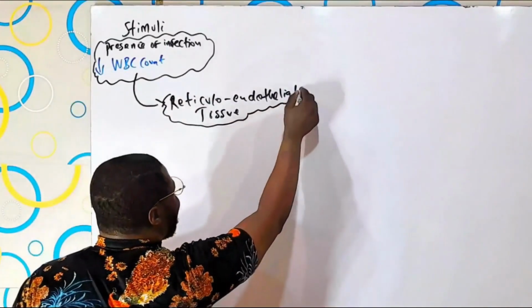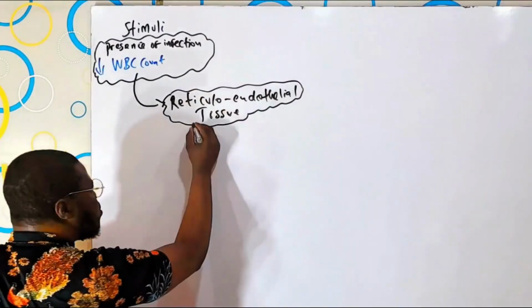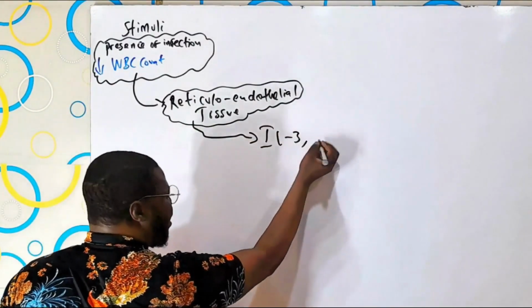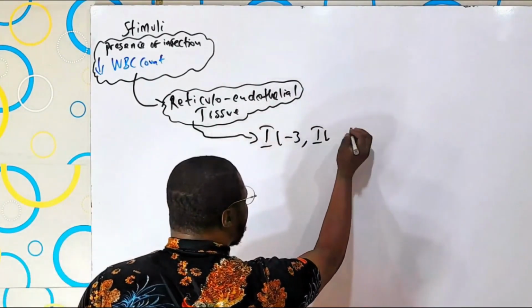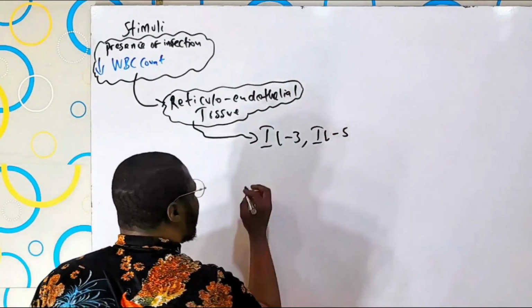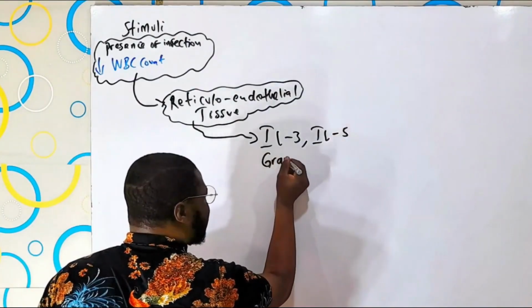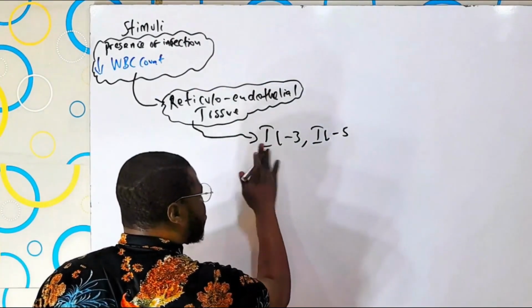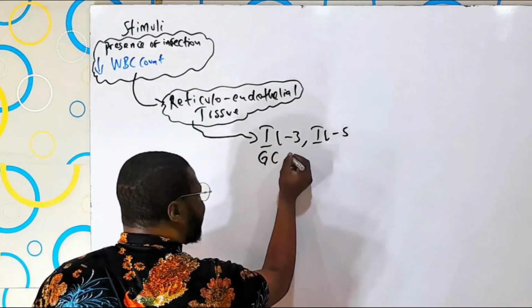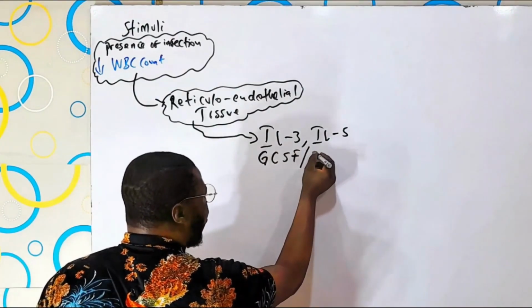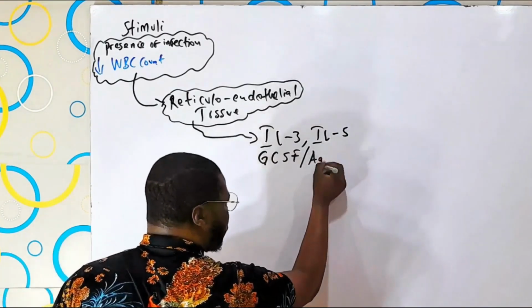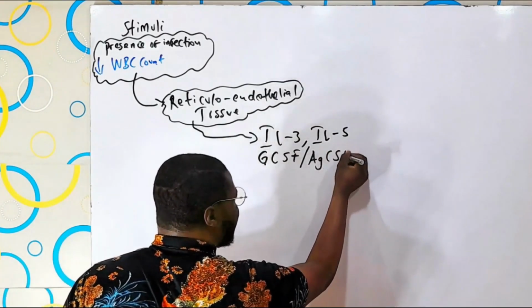So when impulses are sent to reticuloendothelial tissues like the lymph node, they are going to release some kind of chemical, and that is interleukin 3, interleukin 5, and something called granulocytic. Let me just write it in short. I put the full somewhere else. So granulocytic colony stimulating factor, let's make this small g, colony stimulating factor.